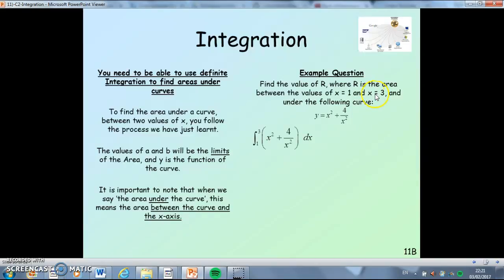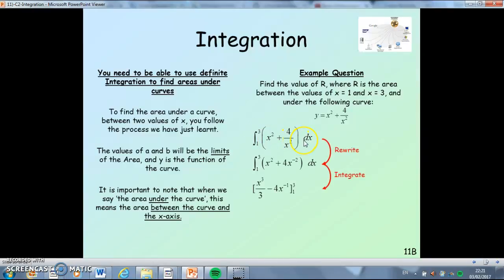Okay, so we can see here that the x value 3 is obviously above the x value 1. So x value 3 would be the upper limit. What do we do? Say it with me. Rewrite and integrate.